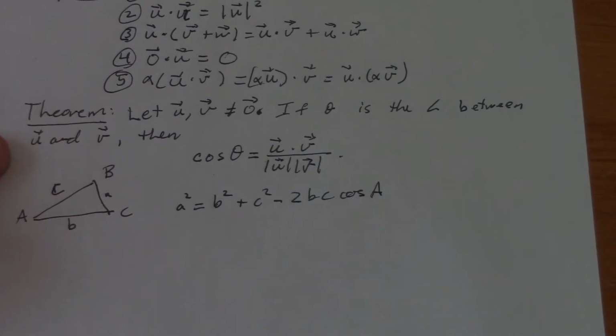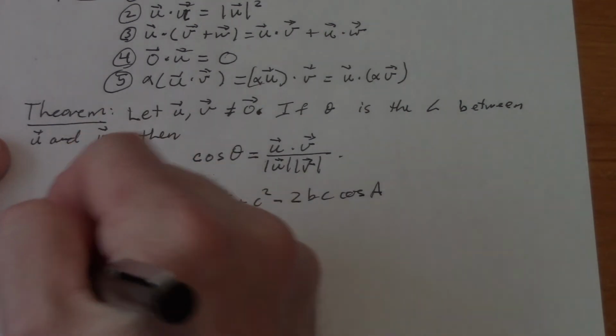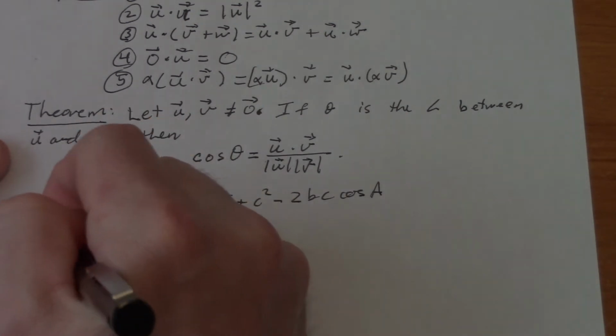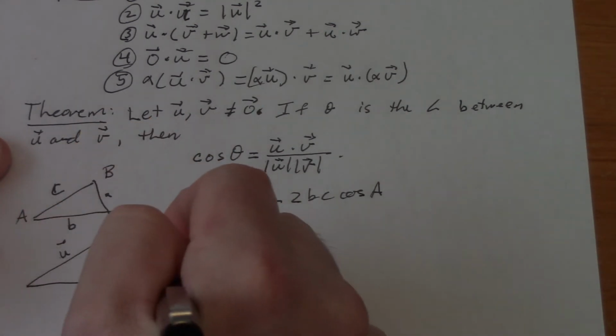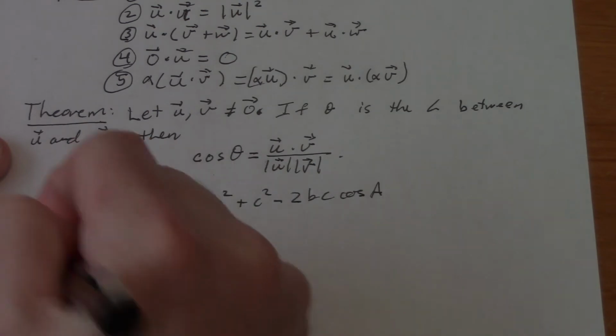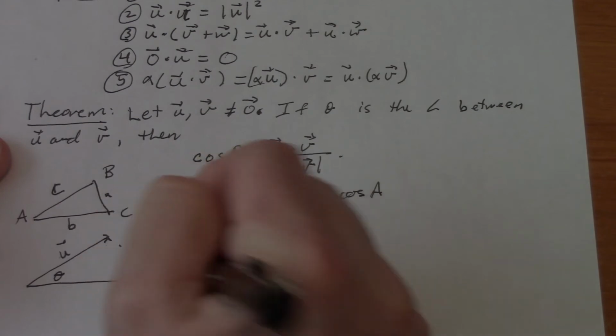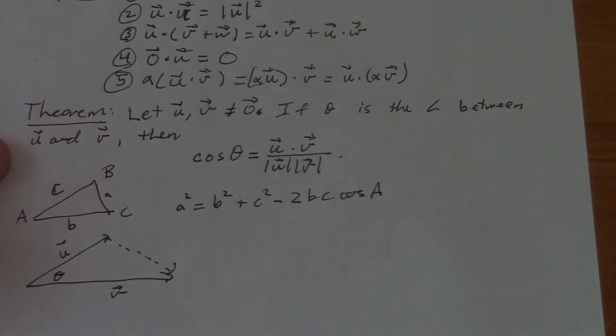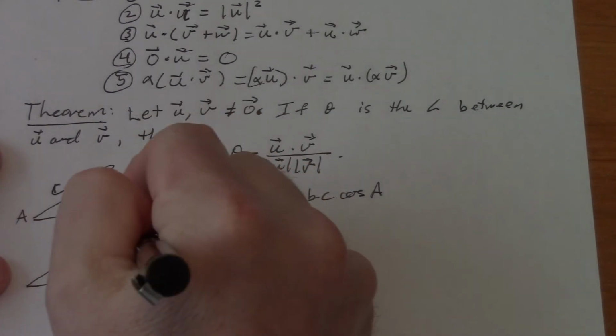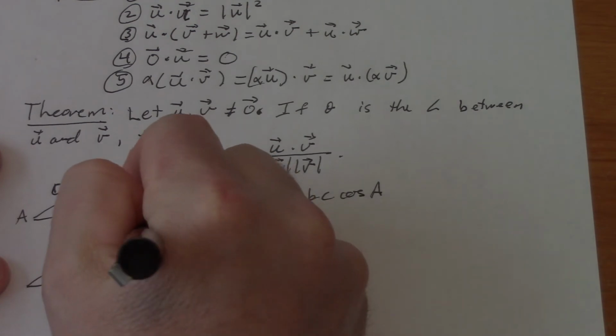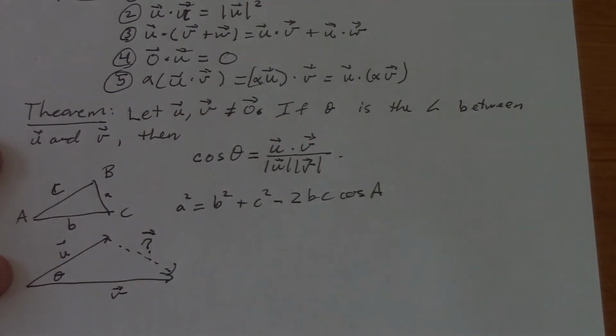Okay, so let me draw a picture that's relevant to this situation. So we have a vector U, and we have a vector V, and we have an angle theta between them, and we need to make a triangle. So we need that third side. Now we don't really know what that third side is, so let me call it question mark vector.